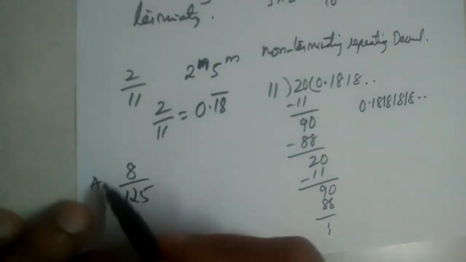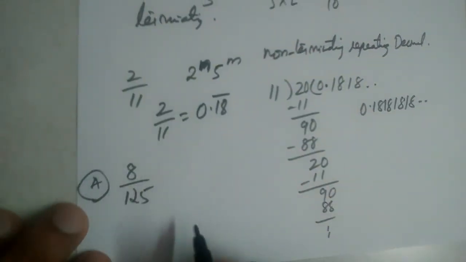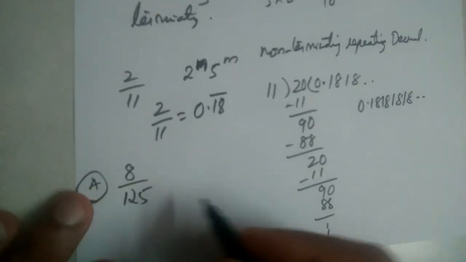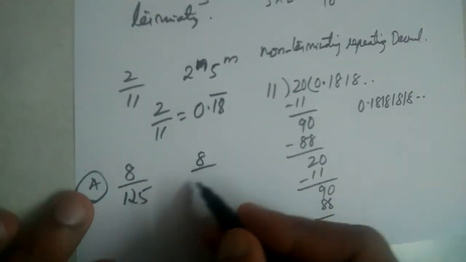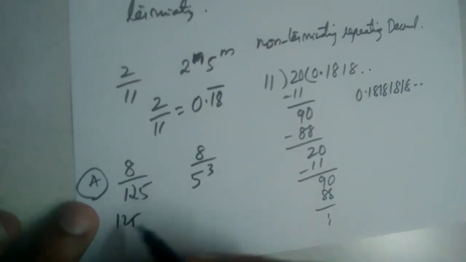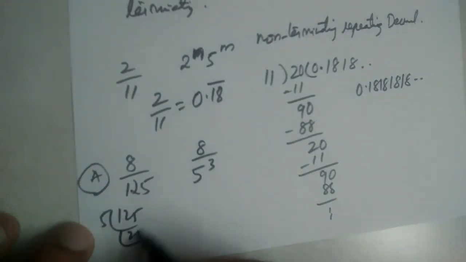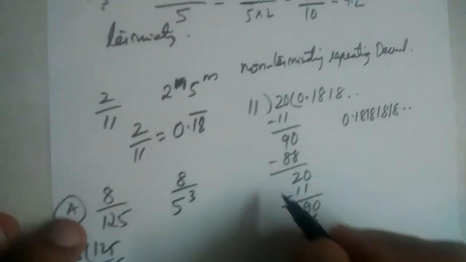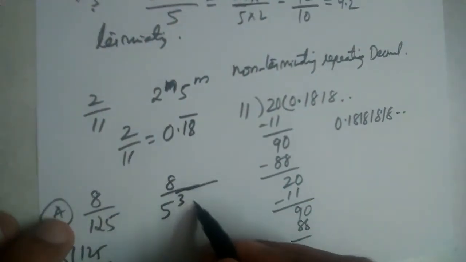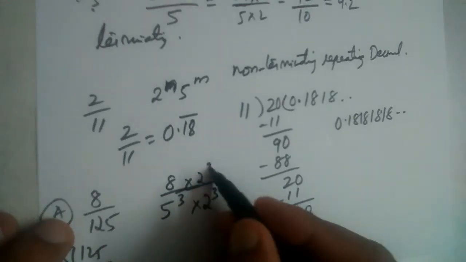We have 8 by 125 in the last. Okay, so 125 is 5 cube, right? 125, 5 into 25 times again 5 cube. Okay, so we have 5 3 times, we need 2 3 times also, right, to make it 10 cube.